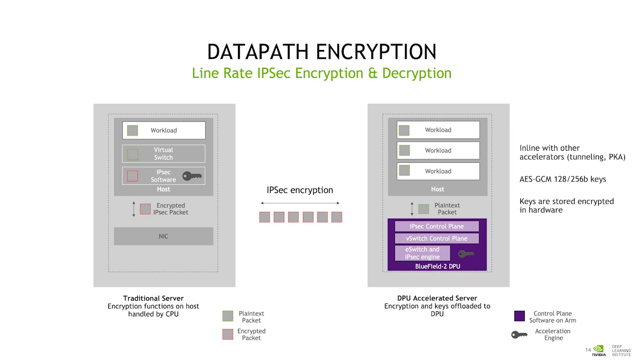Notice that by moving the encryption function down to the DPU, the host no longer needs its own general-purpose CPU to perform those operations, and can let the DPU handle security encryption as part of its own network function and alleviate the responsibility on the application.